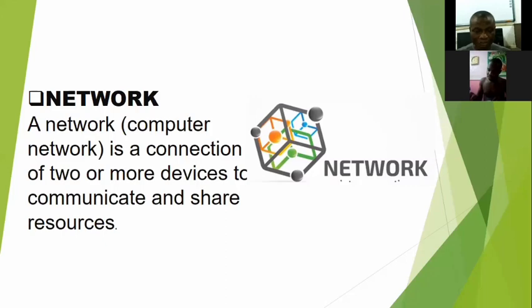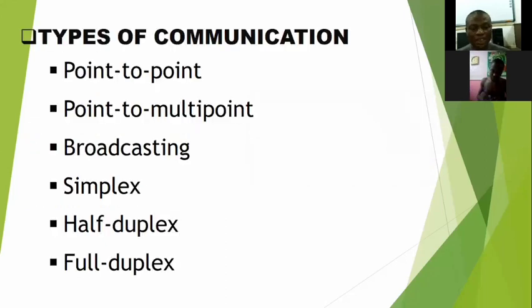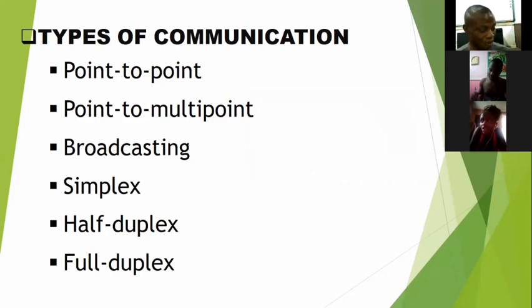Then we look at types of communication. Communication exists in variants of ways. There is that which we call point-to-point communication. In point-to-point communication, you find one system connected to another from one point to the other.